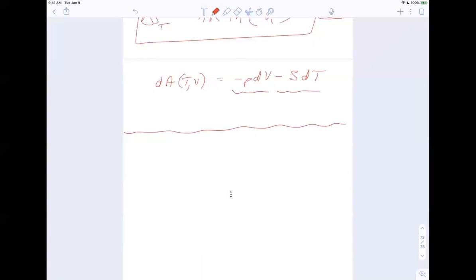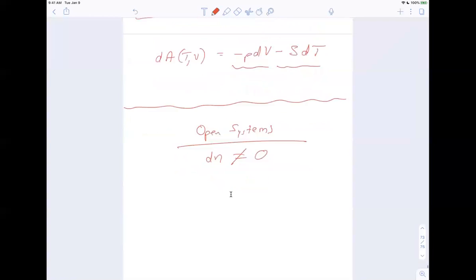The number of moles of a reactant change, and the number of moles of products change because one is being depleted and one is being created. Okay. So we'll talk about open systems now, where dN is no longer zero. dN is some finite value, okay? So dN is no longer zero.